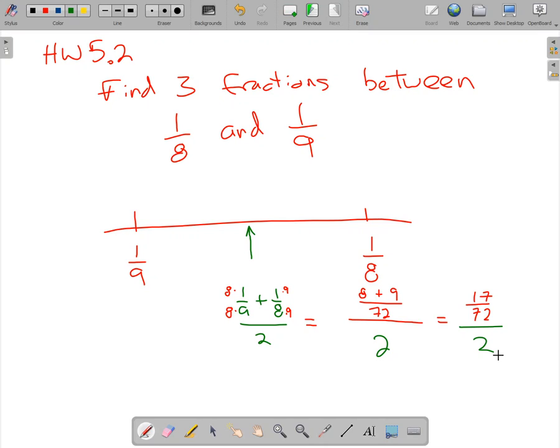Multiply by, not 2, but 1/2. You flip the second fraction. So this is the same thing as 17 over 72 times 1/2, which gives me 17 over 144. That is the number that's exactly in the middle.